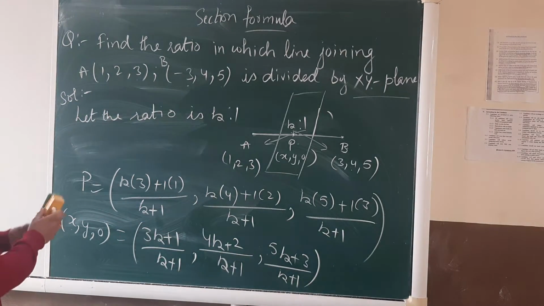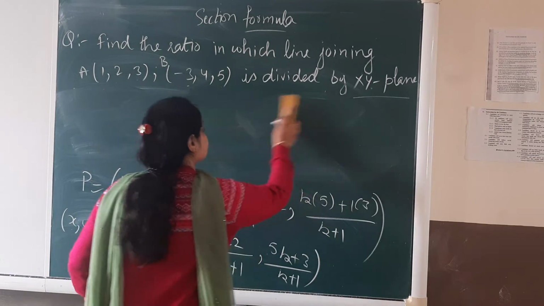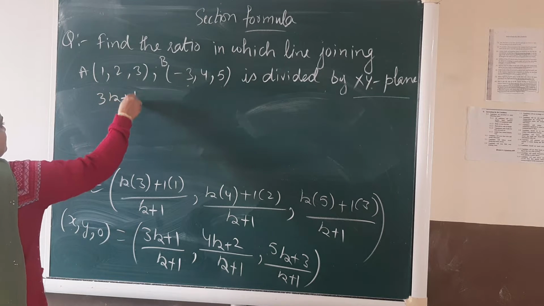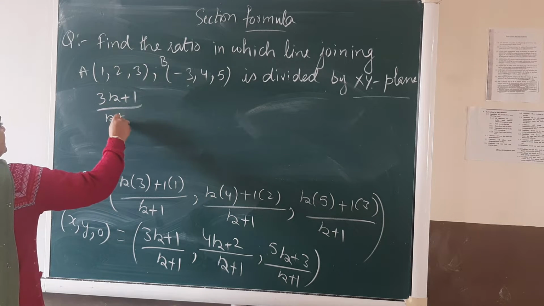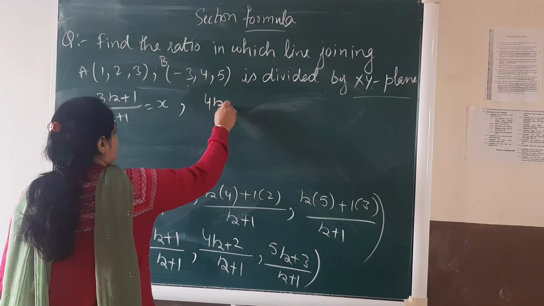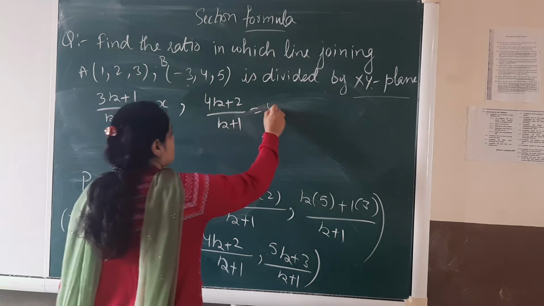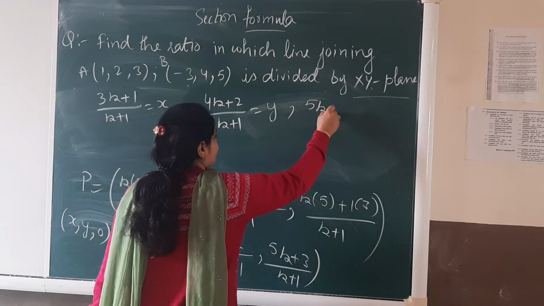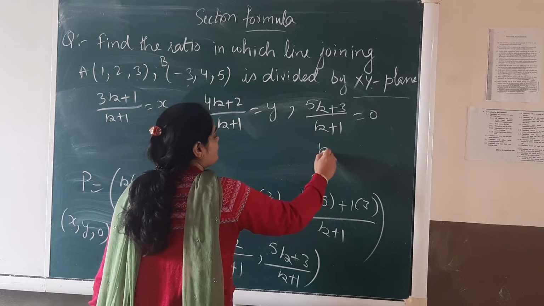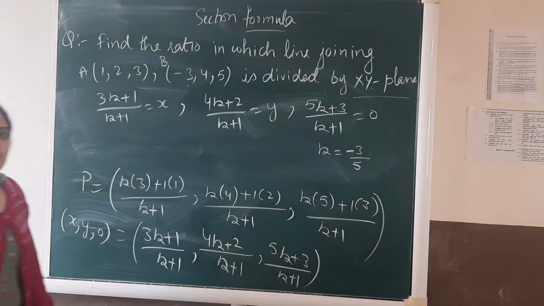So 3k plus 1 upon k plus 1 is equal to x, 4k plus 2 upon k plus 1 is equal to y, and 5k plus 3 upon k plus 1 is equal to 0. From here we find that k's value is -3 by 5.